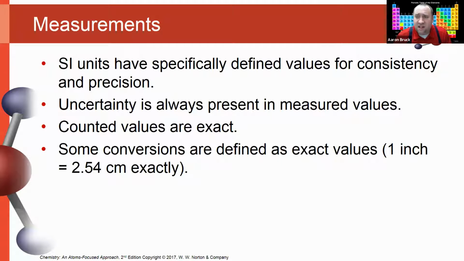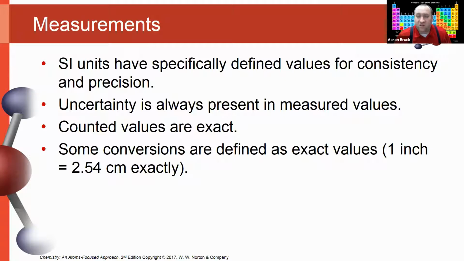There are 60 seconds in 1 minute. That is an exact conversion. There's no ambiguity there. There's nothing there that would lead you astray otherwise. So there are some values that we can say are exact, but they're relatively rare. Anything that we have to measure is going to have some level of uncertainty to it.